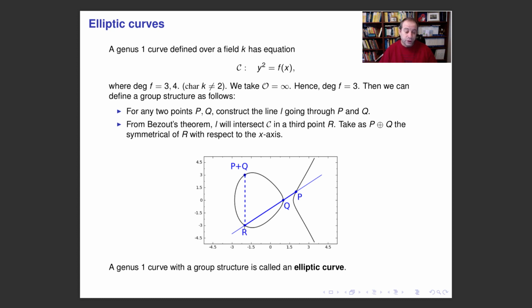And so this is a third point. You take now the vertical line, so you take the symmetrical of this with respect to the x-axis, which is somewhere here, yes, and you'll get this P plus Q. So that will be now the addition defined on an elliptic curve.